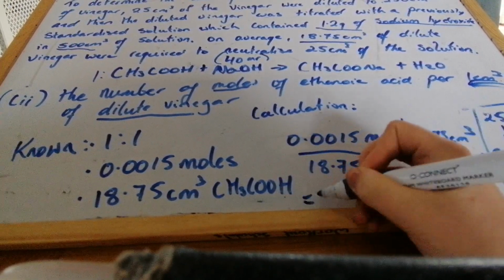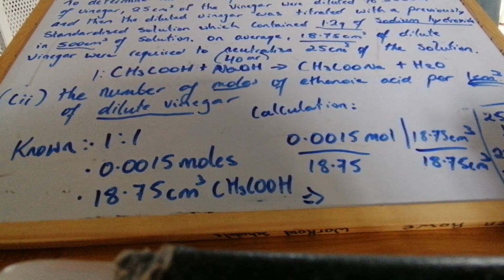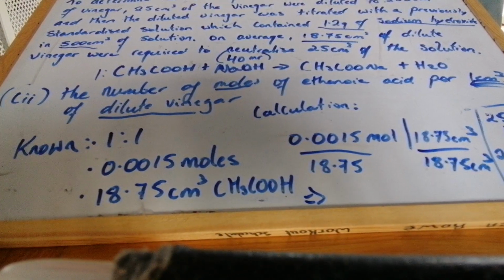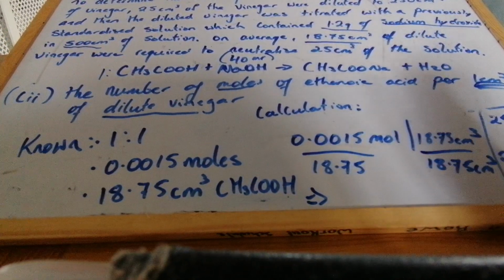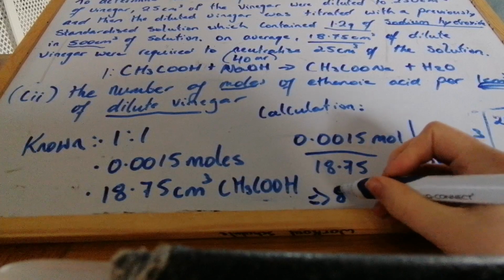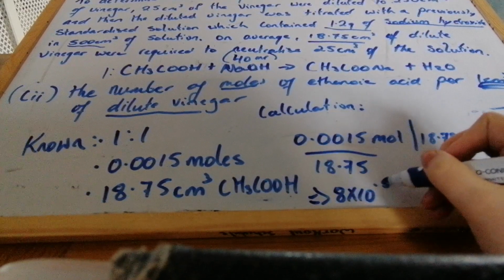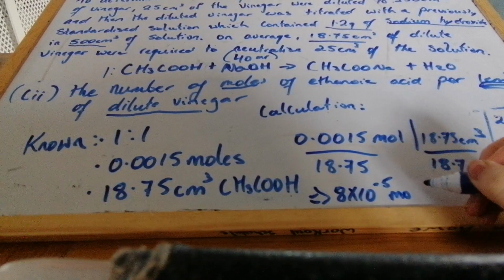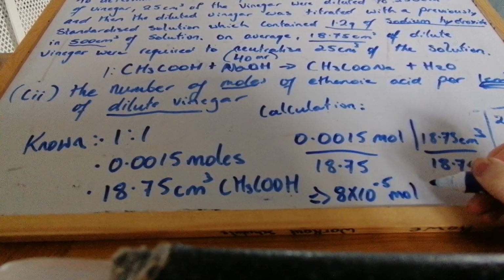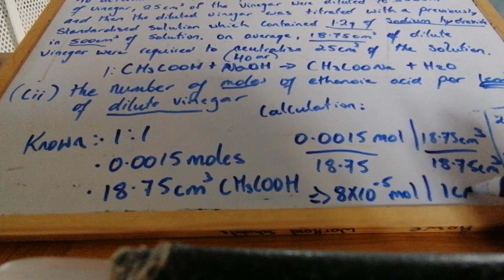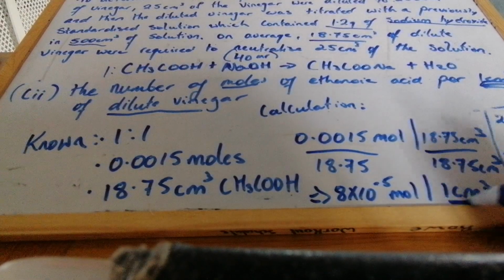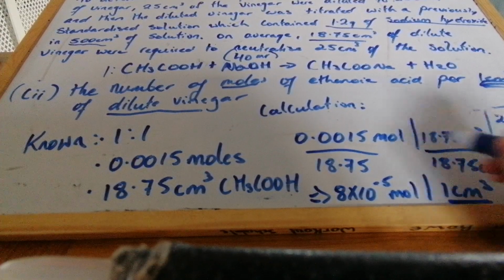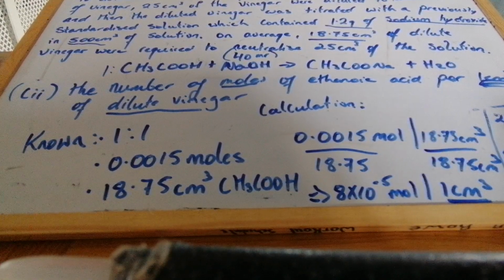That will finally give me, at the end of the process then, that the moles in this would be 8 by 10 to the minus 5. You can put in all the zeros in the decimals either if you want. I'll leave it totally up to you. Moles per 1 centimetre cubed. Okay, you're dividing this side by 18.75 to get 1 centimetre cubed. Must do the same to the other side.